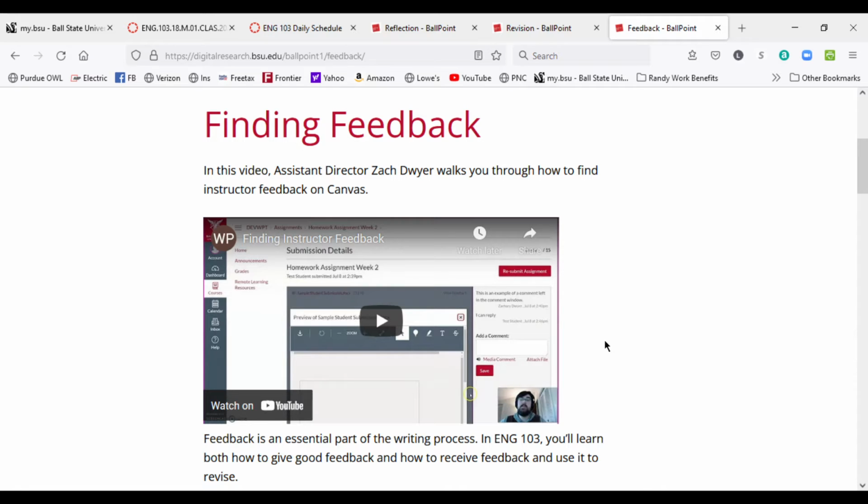You can make sure you make any changes I suggested, because I'm going to tell you every single thing I need you to change before you turn it in, so you get the best possible grade. So read that feedback and make those changes before Friday.